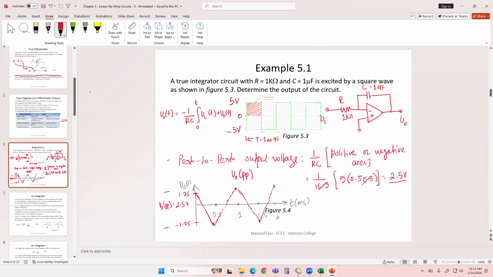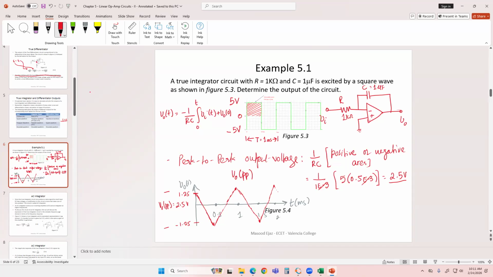Because if you look at the input, in one cycle, you have the peak to peak value. Like you're going from 0 to 1 millisecond, and you have 0 to half millisecond, it's peak to peak value. 0 to 0.5 millisecond, it is going from 5 volt to negative 5 volt.